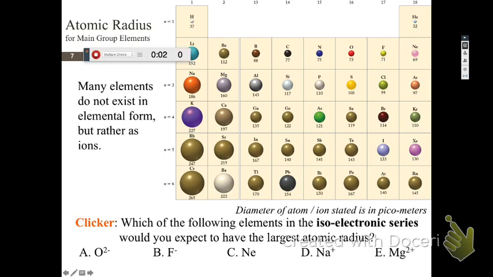So I think at the top of the next page is this clicker question. Which one of these elements in the isoelectronic series would you expect to have the largest radius?